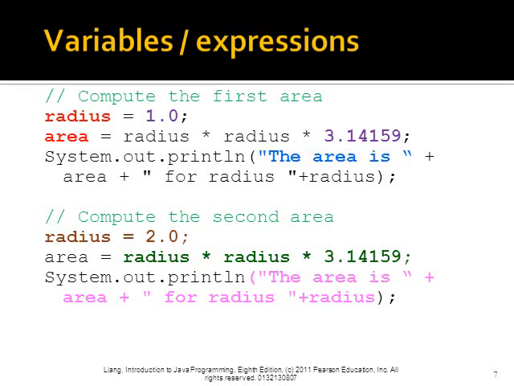Radius is initialized with a value of 1, and then since it's a variable, later on in our program snippet we give it a new value of 2. The same as with area. A circle with radius 1 is going to have a value for area that is different from a circle with radius 2 in the second part of the snippet. So this demonstrates that variables can take on different values.